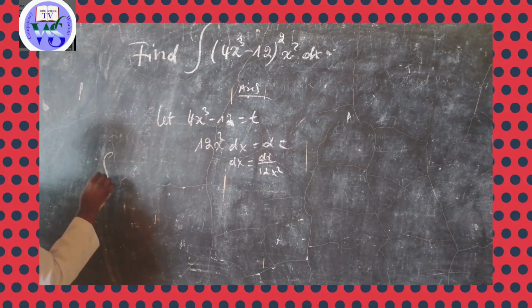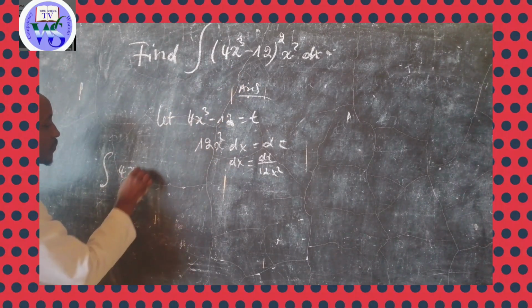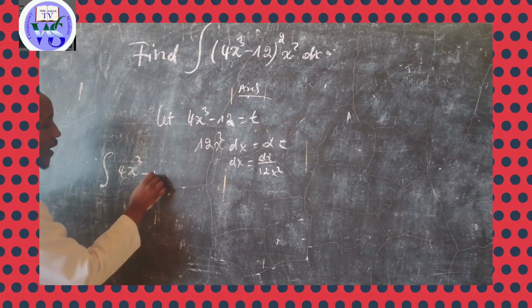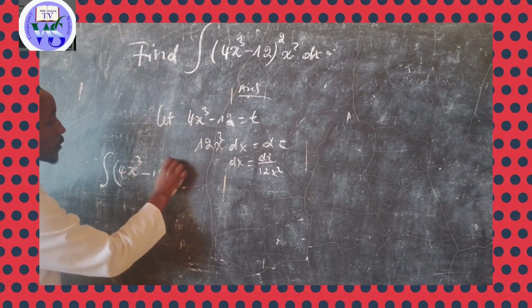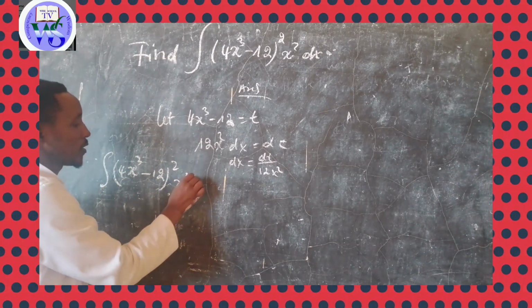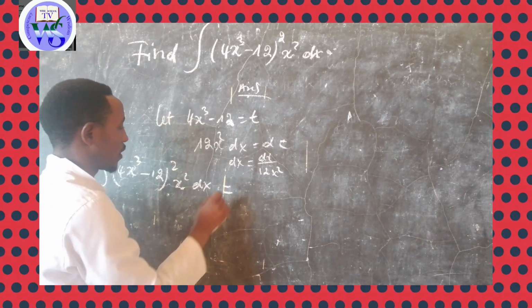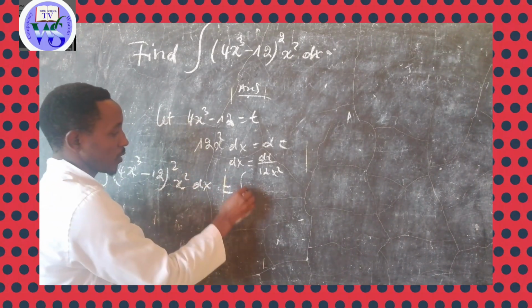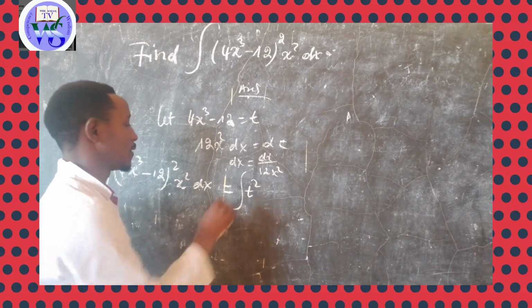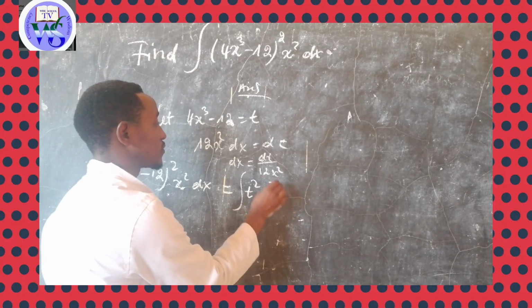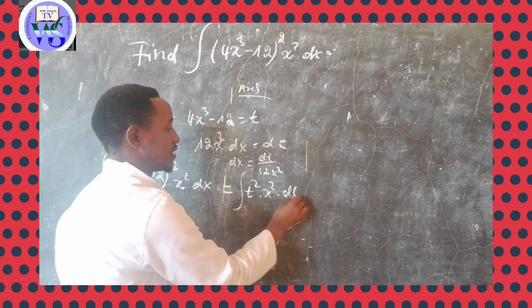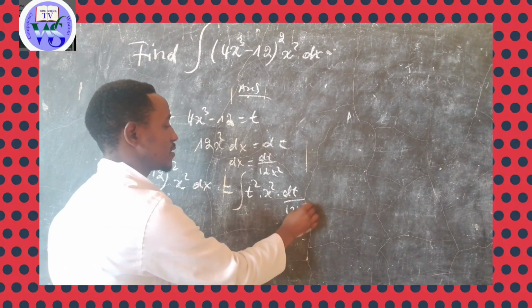So then the integral of (4x^3 - 12)^2 x^2 dx is equal to the integral of t^2 times x^2 times dx, where dx is dt over 12x^2.